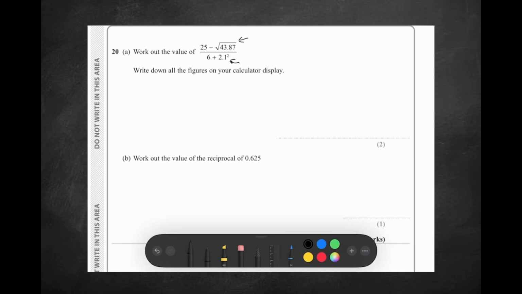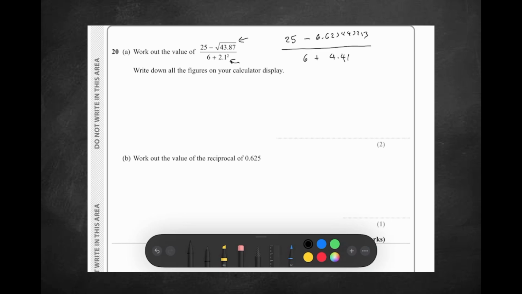So 25 minus, and on my calculator I'm going to do the square root of 43.87 first, which is 6.623443213. And then similarly, I'm just going to do for now 2.1 squared on my calculator, which comes out as 4.41. Now I'm going to do everything on the top in one go.